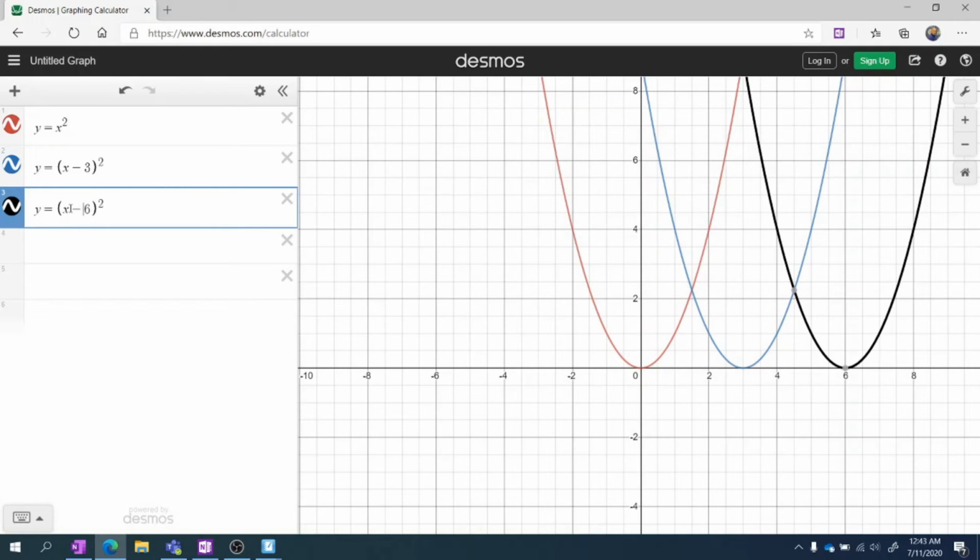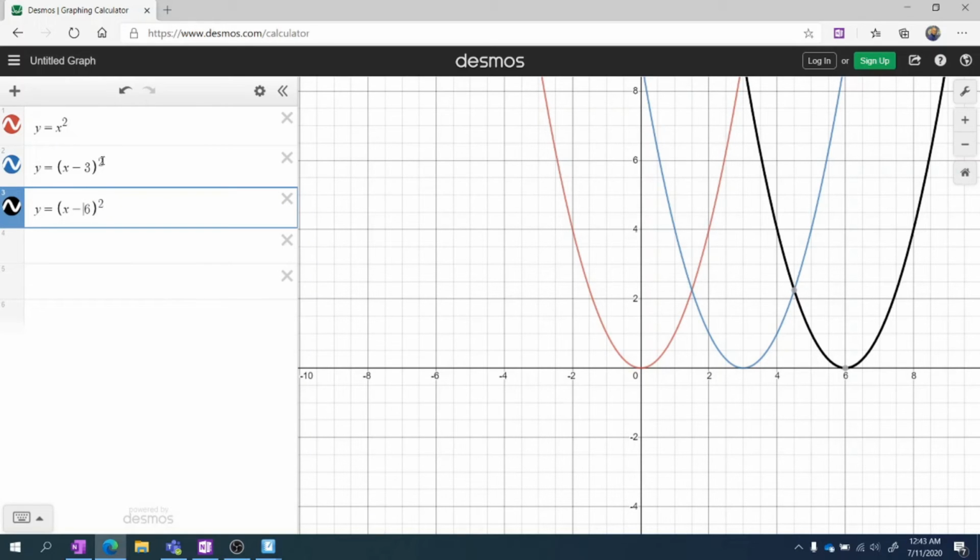So if we want it to move to the right, we have to put a subtract inside the bracket in here. If we want it to move to the left, we have to put a plus in here. So that one can be confusing. It can be the opposite of what your brain would maybe be programmed to think. Okay, that's called a horizontal translation. Moving it left or right, fancy term.